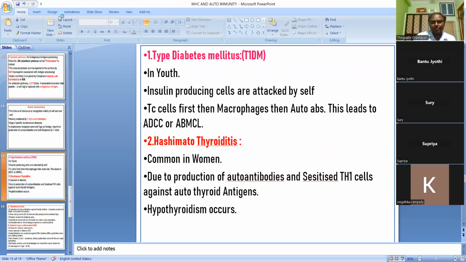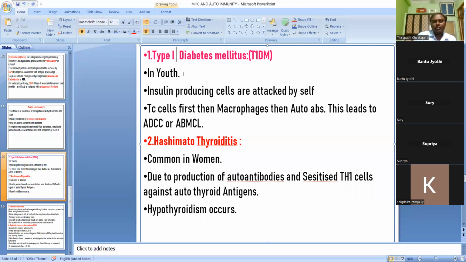So number one, type 1 diabetes mellitus. It is a kind of autoimmune disease.